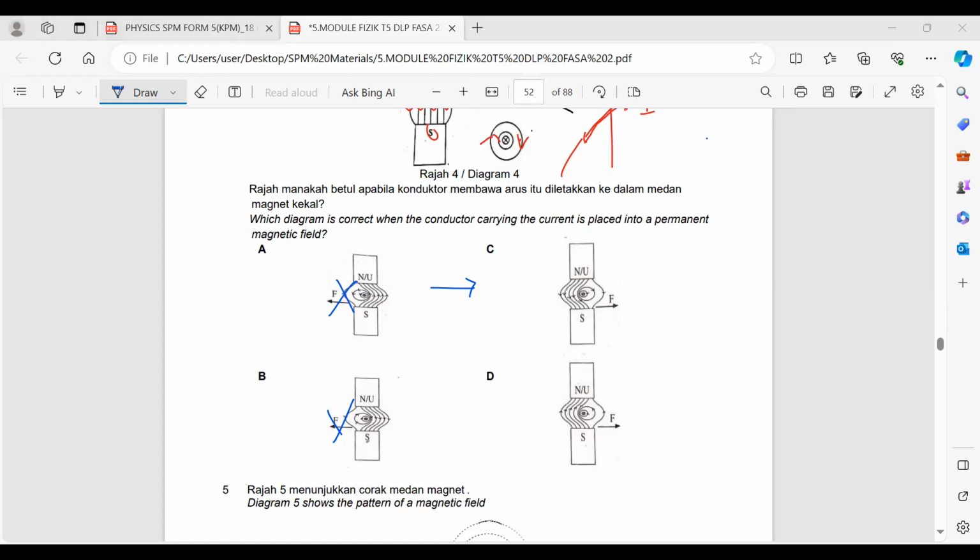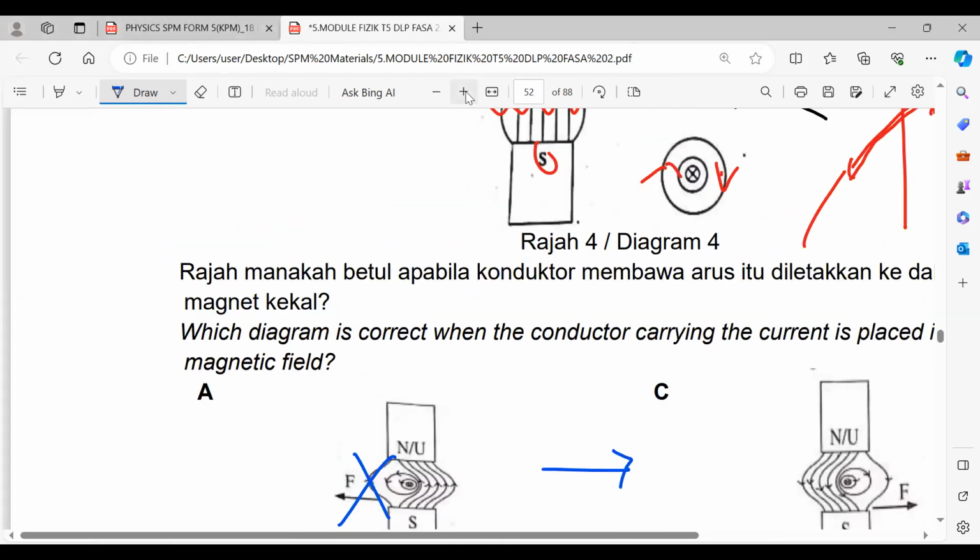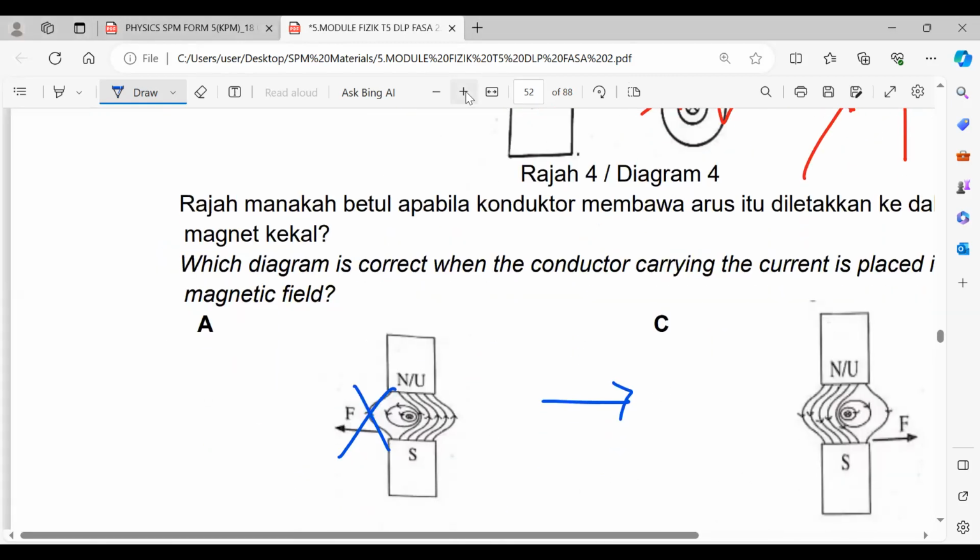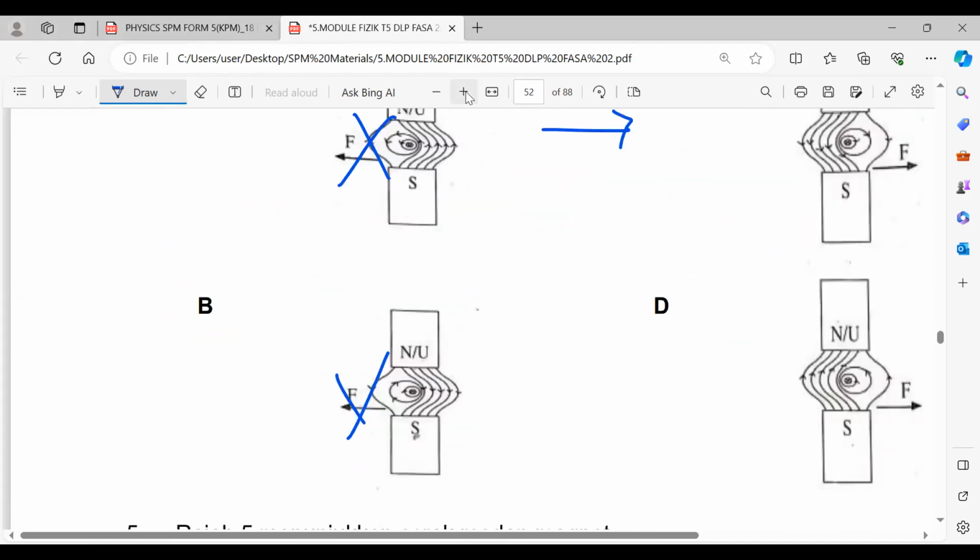Sharmila gave the answer, B. I don't think so, it can be B. There is a bit of confusion in the question. Let me magnify and see. Oh yes, it is cross, cross, cross, cross.